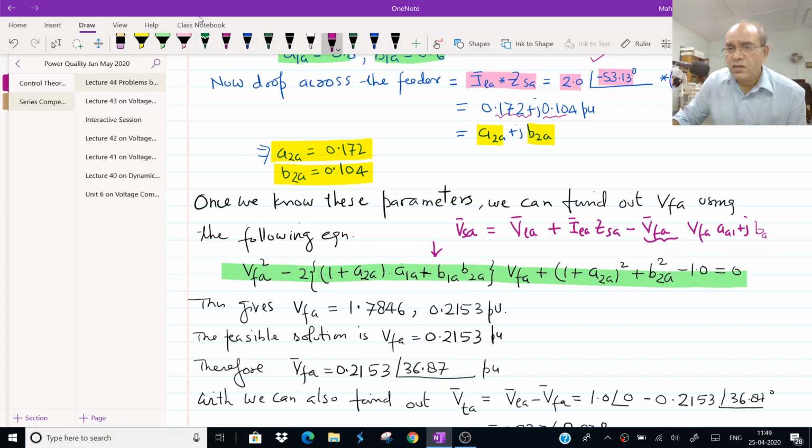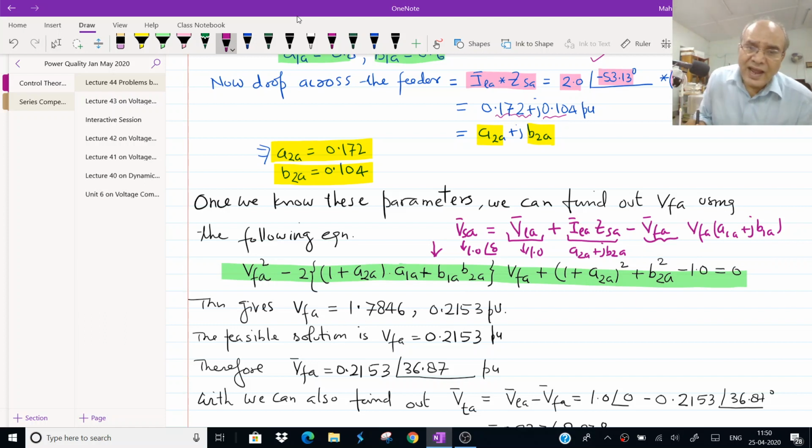Phase A should be 1A, not 2A, so 1 has to come first. So I will just change it again to make it more clear. This is A1 for A phase plus j B1 for A phase. And this is a drop. So this becomes A2 for A phase plus j B2 for A phase. And this has angle of 0, so it simply becomes BLA, which is 1.0 in this case. Okay, this becomes 1.0. BSA is 1.0 actually, and angle of some delta.